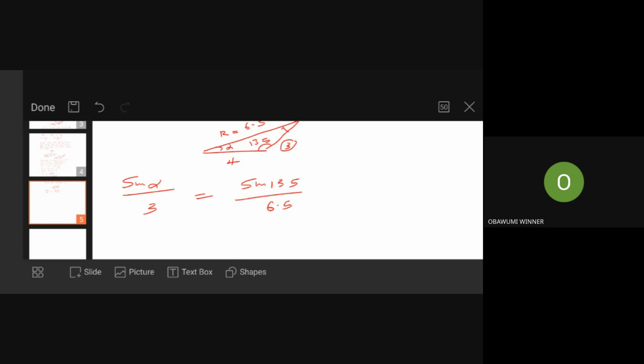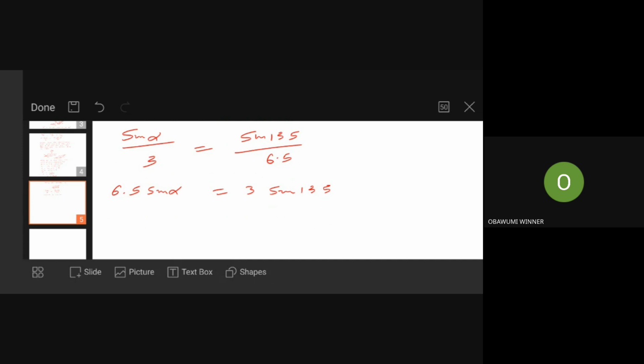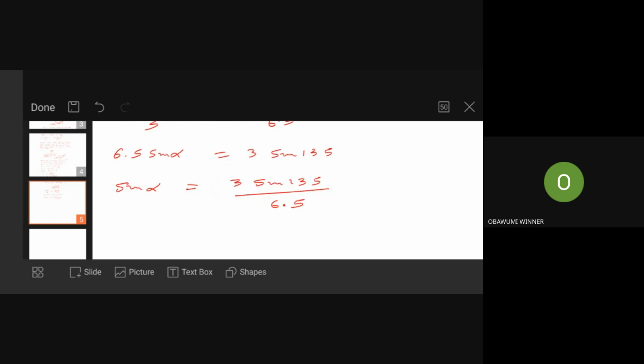And from here, if I make alpha the subject and cross multiply, 6.5 multiplying sine alpha is equal to 3 multiplying sine 135. And clearly, if I divide both sides, my sine alpha alone becomes 3 sine 135 divided by 6.5. So what is the value of 3 sine 135 divided by 6.5?